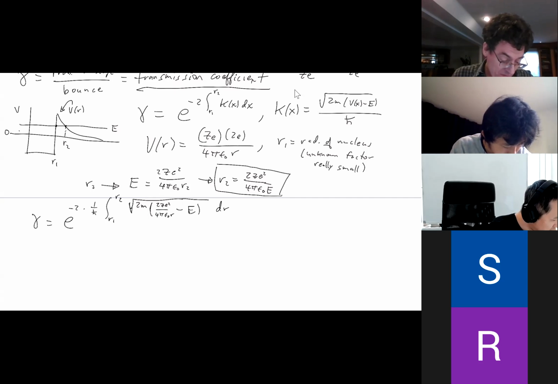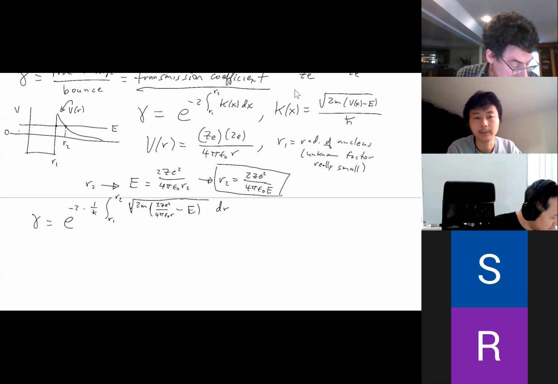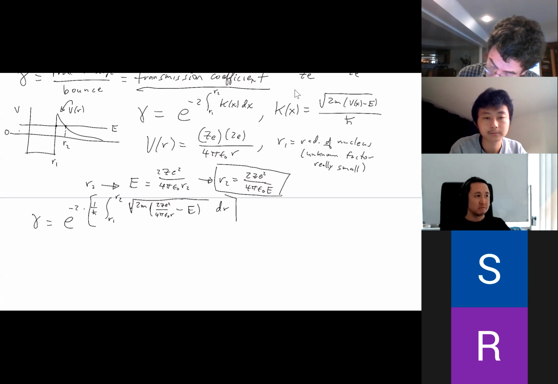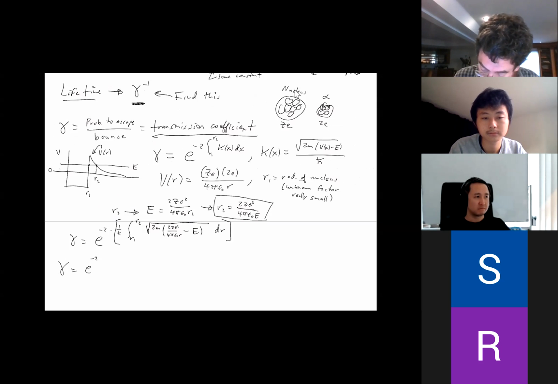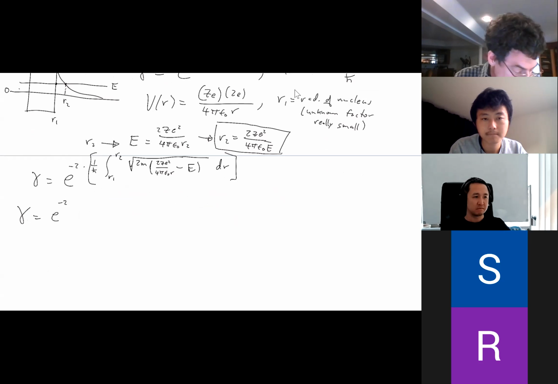And so then what we have to do is that integral. It turns out that integral is a little bit tricky, but I'm not going to go through the details.